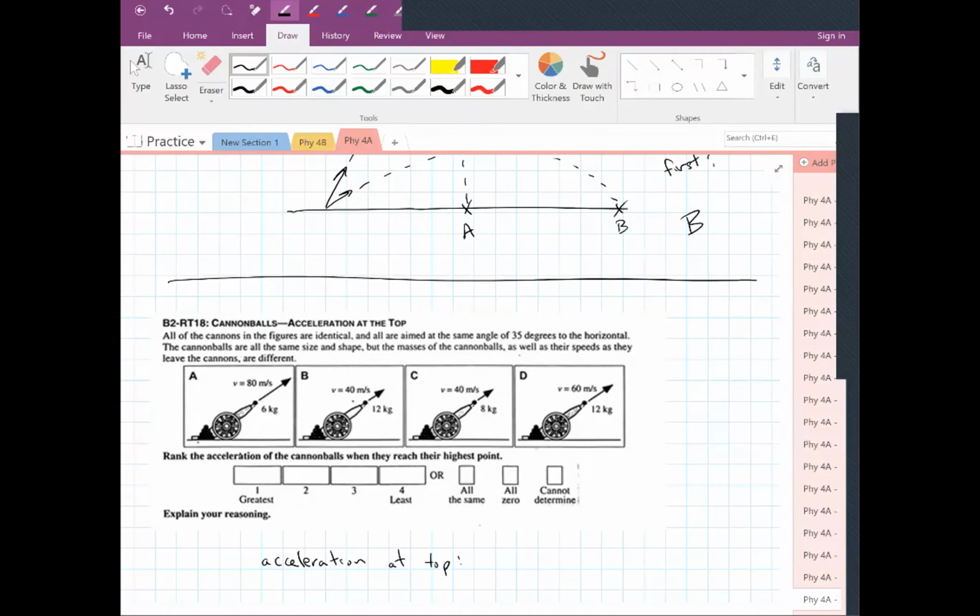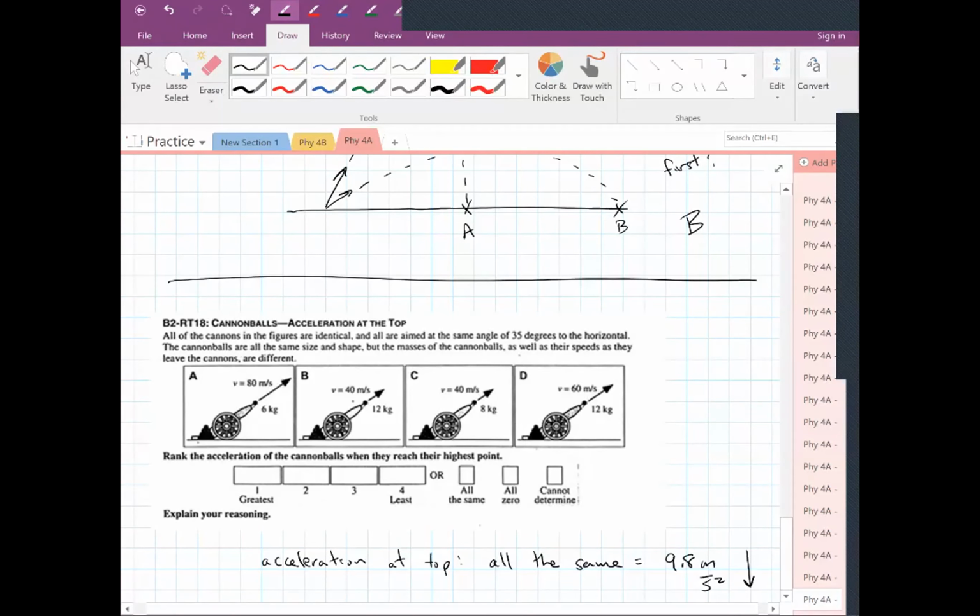Gravity, downward. As it's traveling through the air, when it gets to its highest point, gravity pointing downward. On the way down, until it hits the ground, gravity pointing downward. So they're all the same. And what is it? 9.8 meters per second squared in the downward direction.